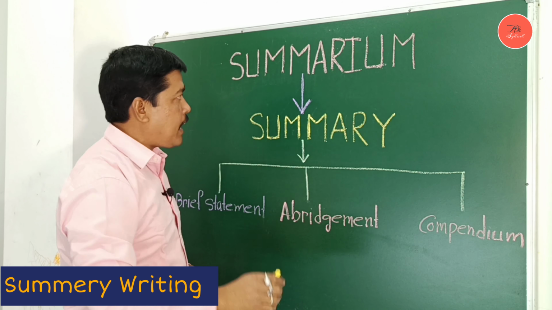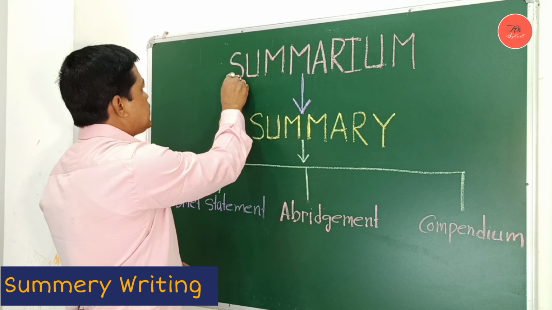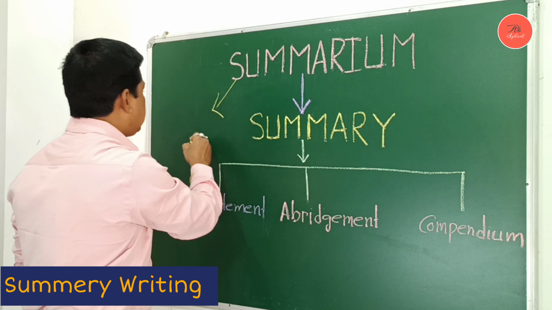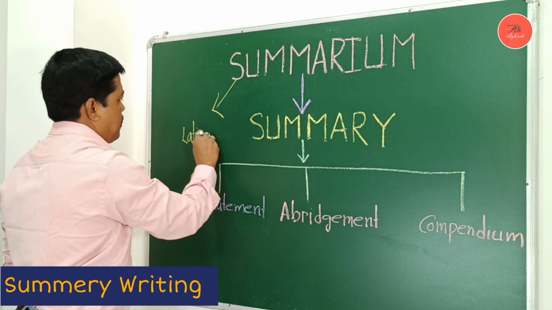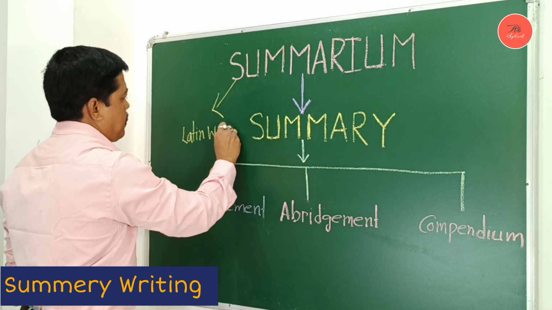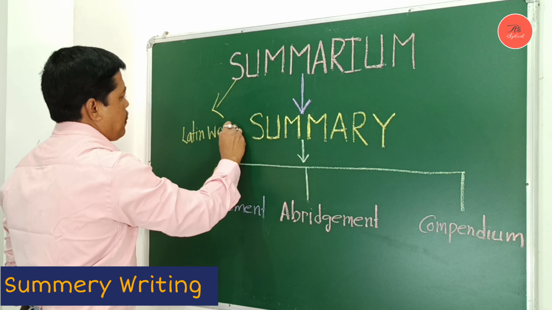The word summary is derived from a Latin word, summarium. Summary has come from the Latin word summarium. And the word summary denotes, I have extended 3 words to make you understand the word summary.